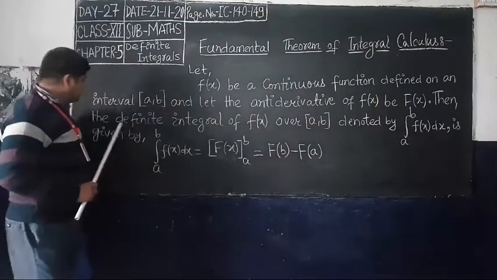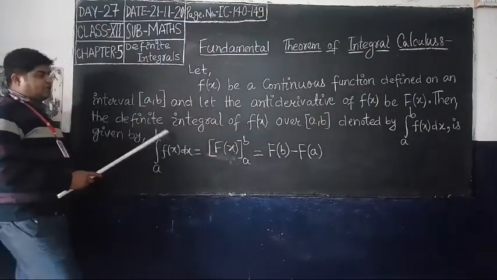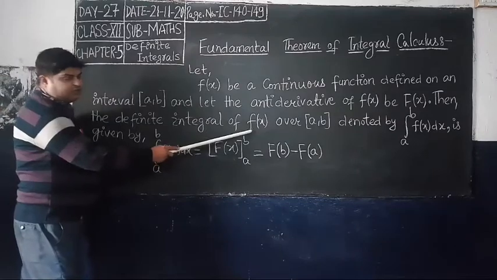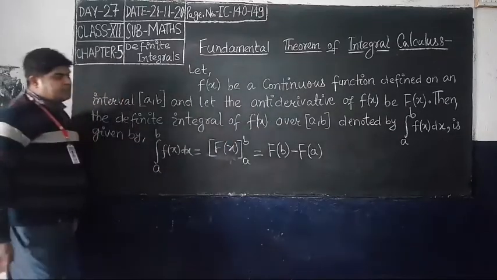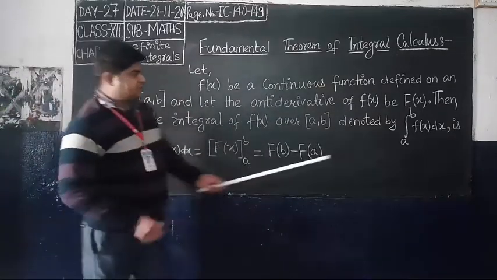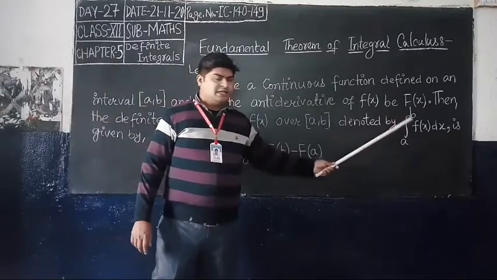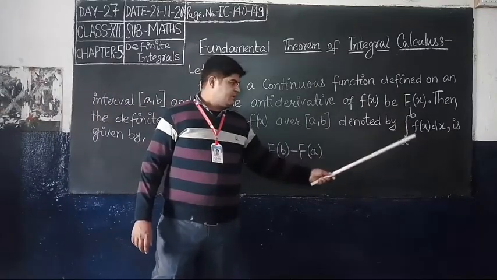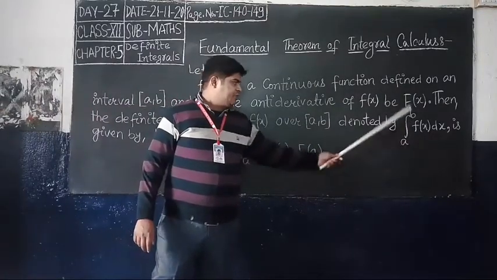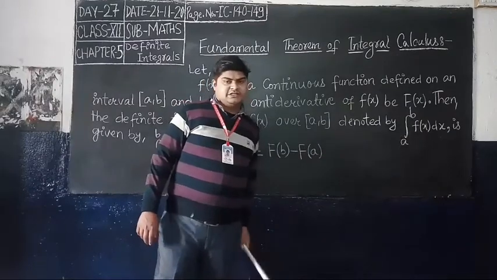Then the definite integral of f of x over a and b is denoted like this: integration with limits a to b of f of x dx.